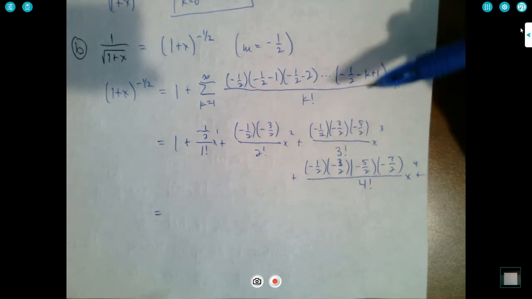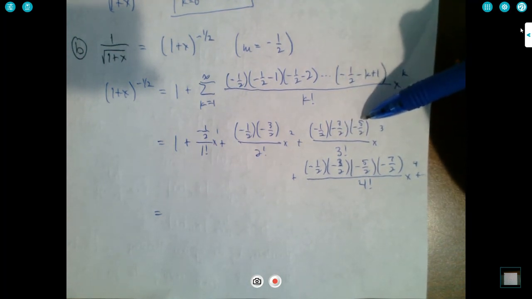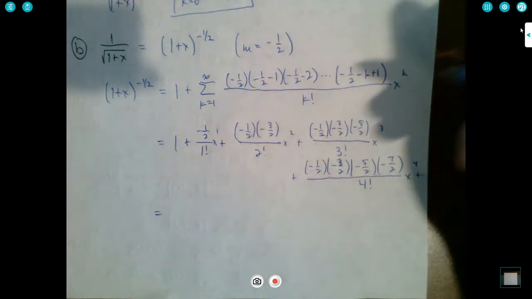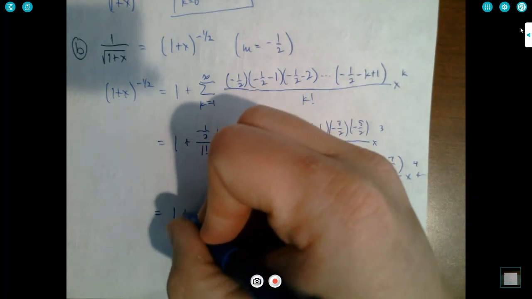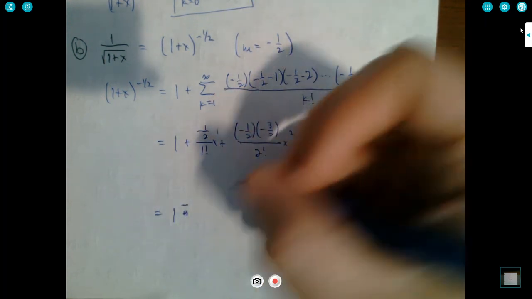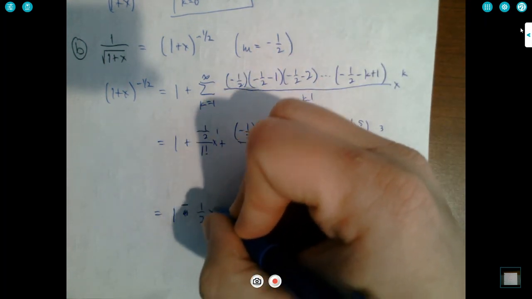So I've got 3 factorial, and here I'm not doing 5, 4, 3, I'm just doing 5, 3, 1, so I'm only doing the odd numbers. That's interesting. I don't know if I'm going to get anything really all that nice out of this as far as cancellations and stuff go. I think I'm going to have 1 minus 1/2 x to the first.